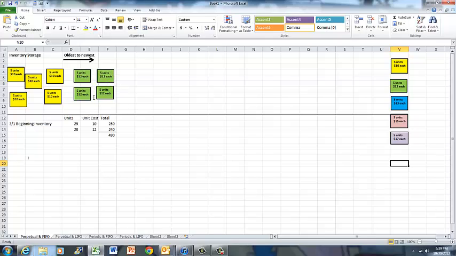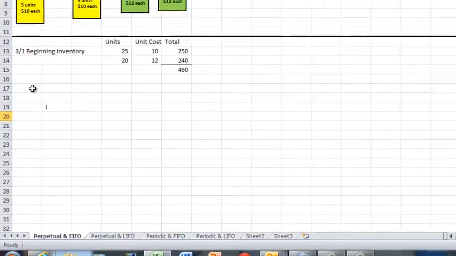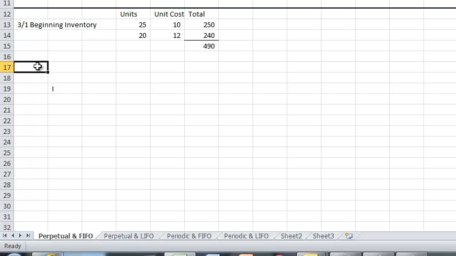So we can see we have our 4 boxes because each box represents 5 units. So when we add all of that together, our total 45 units have a cost of $490. So our general ledger would have a cost of $490 for that inventory as of the end of February or the beginning of March.